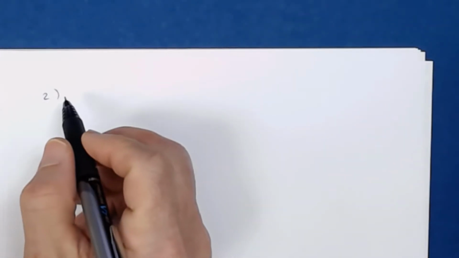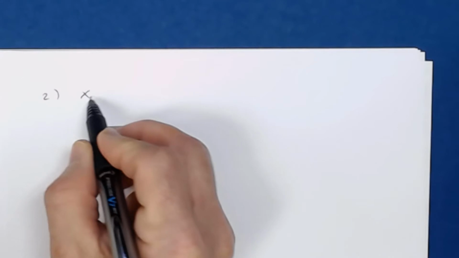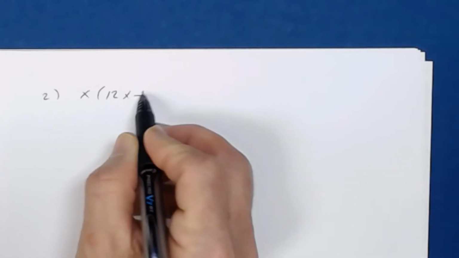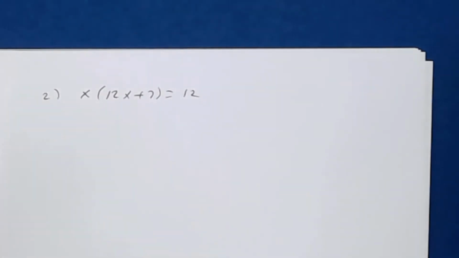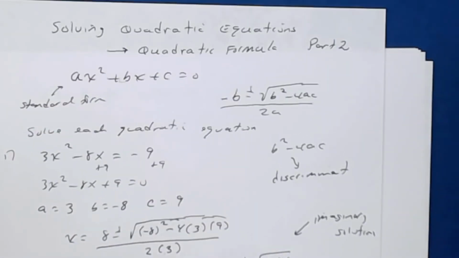Okay, number 2. Let's suppose in number 2 I had x times 12x plus 7 equals 12. That looks a little different than the first one we did, and the problems from part 1.